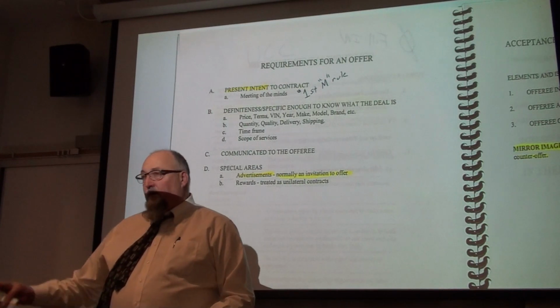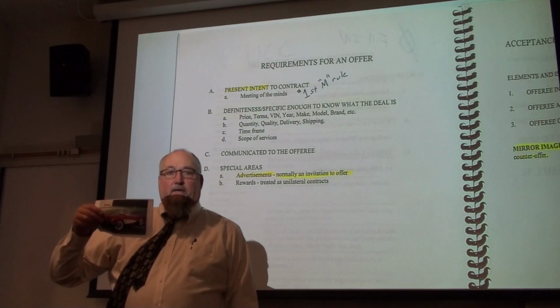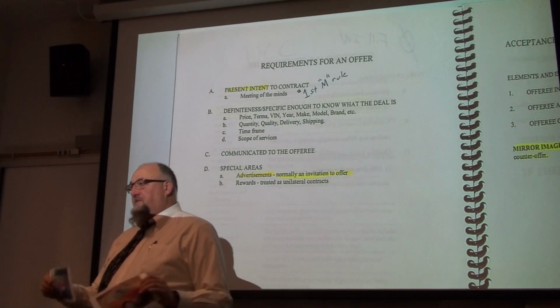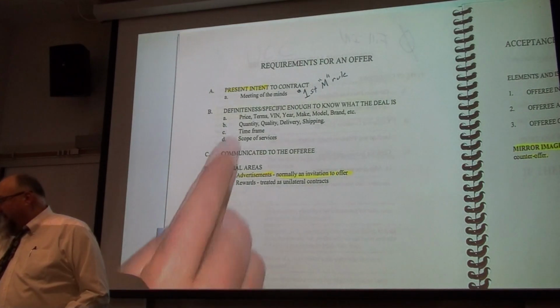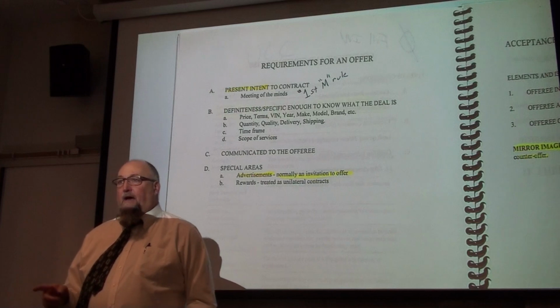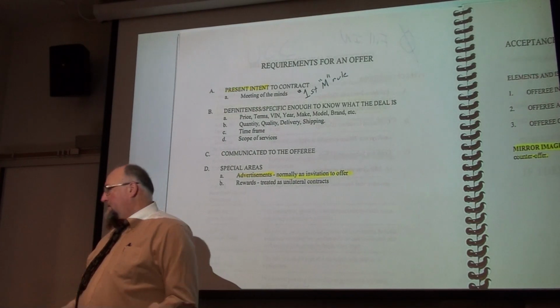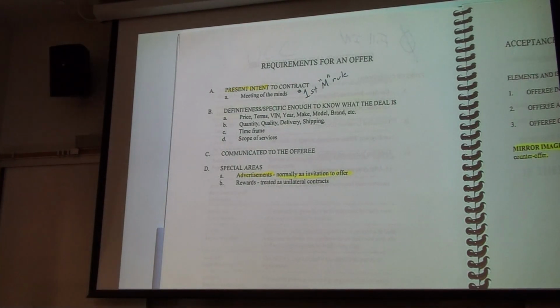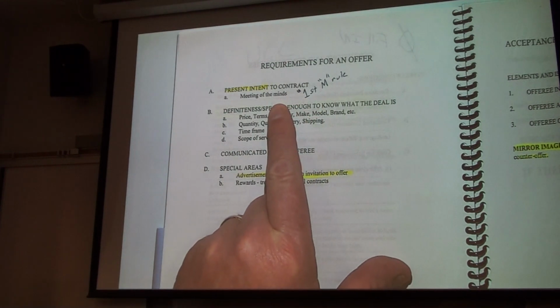And you're thinking, I'm going to sell my Corvette. So the problem is, even though I had the intent to enter into the contract, we did not have the same intent. We did not have what's called a meeting of the minds.